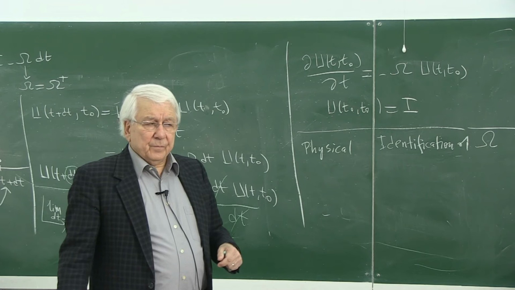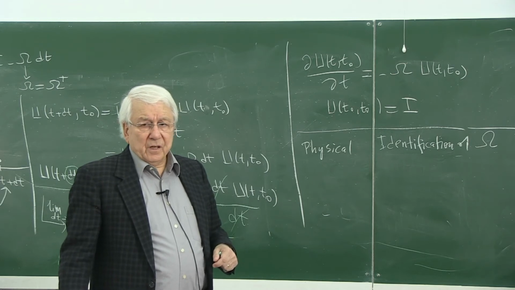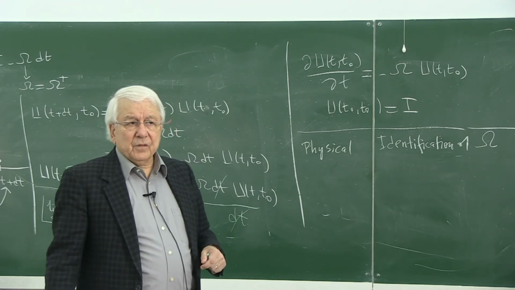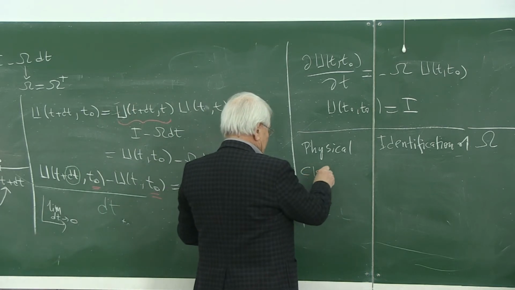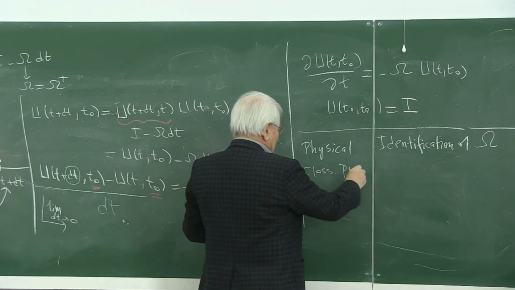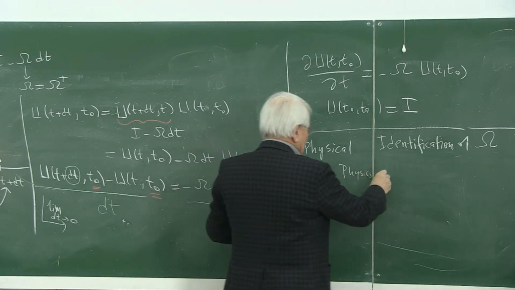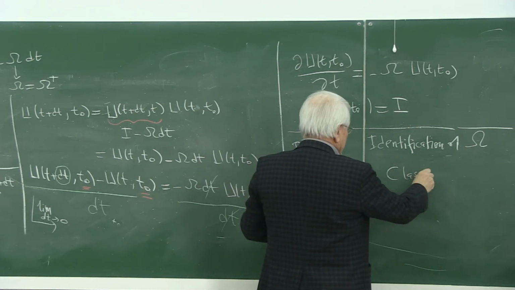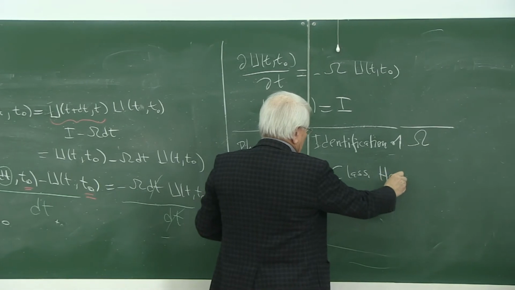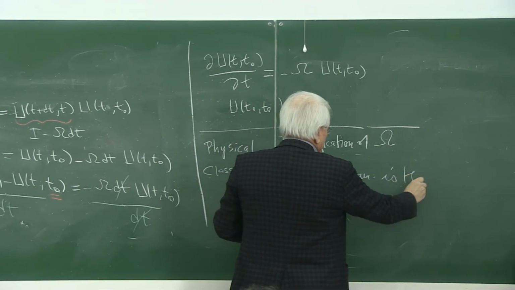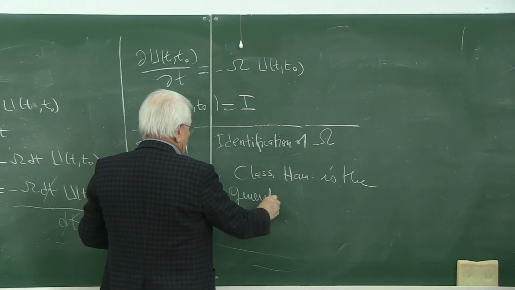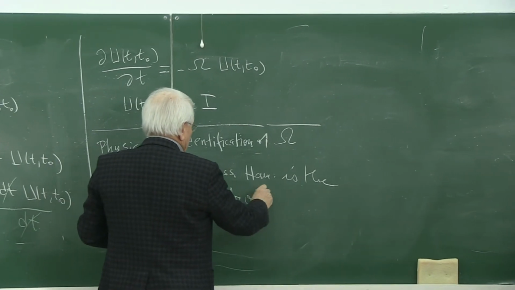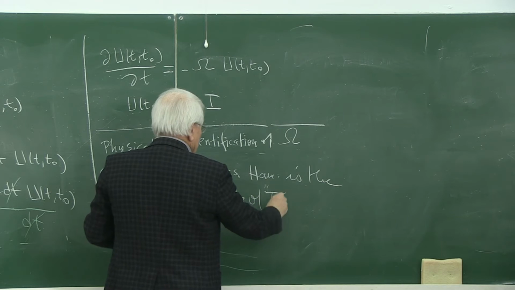In classical physics, the classical Hamiltonian is the generator of time translations as well.